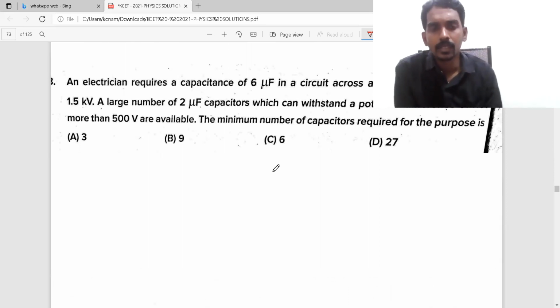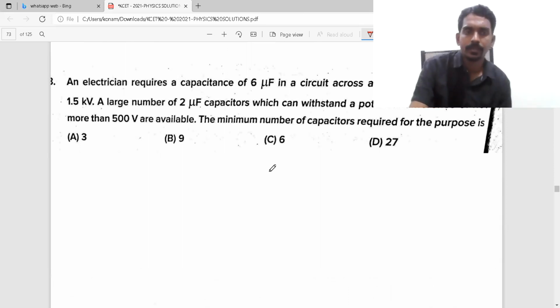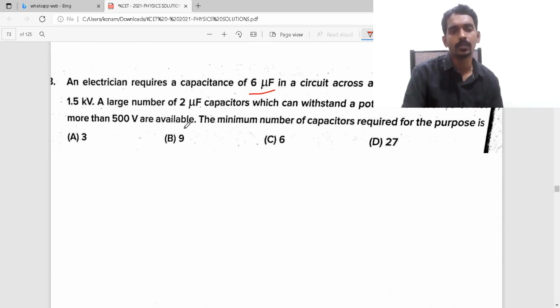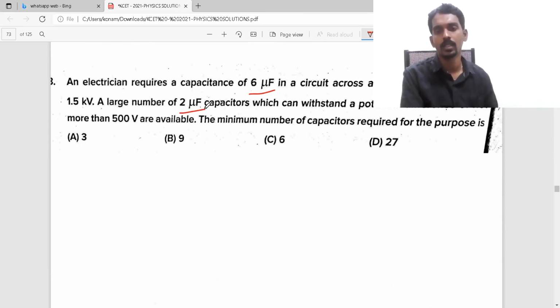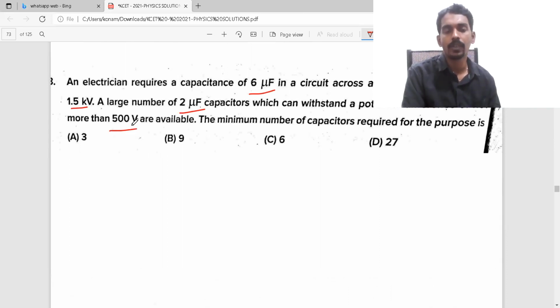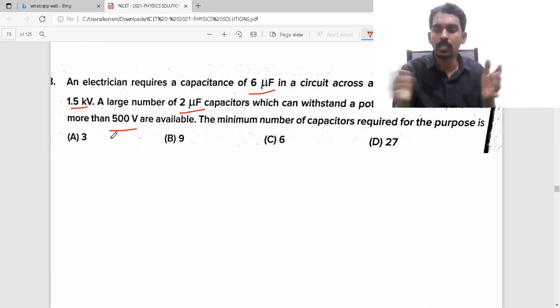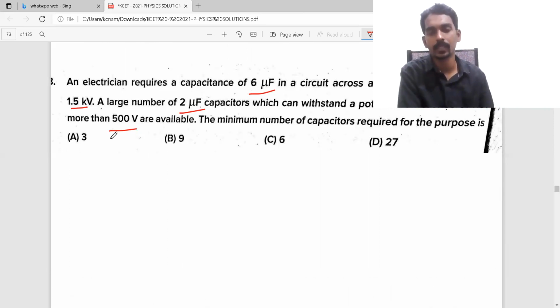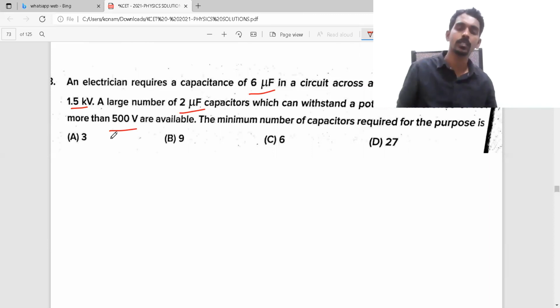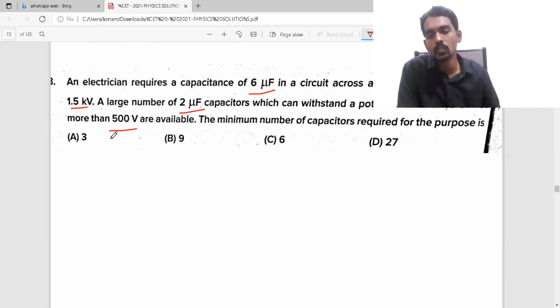Now here, this is completely logic based. See, we want 6 microfarad, but we have only 2 microfarad capacitors, and we want 1.5 kilovolt, that means 1500, but we have only 500 volt capacity for each. So if you arrange 3 in series, 500, 500, 500, then we will get 1500. But 3 capacitors of 2 microfarad in series give a resultant of C by 3, that is 2 by 3.